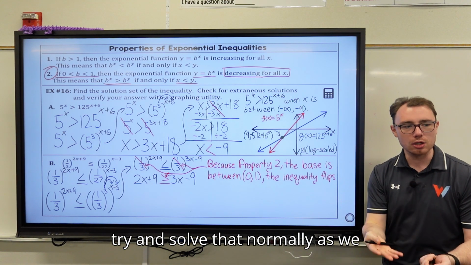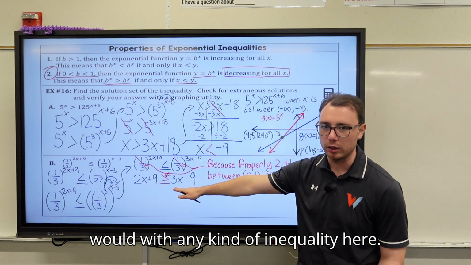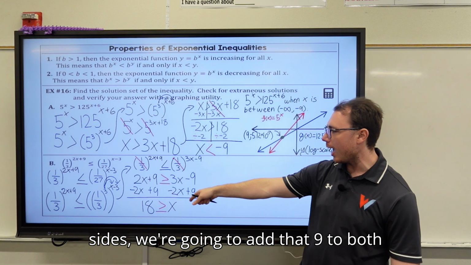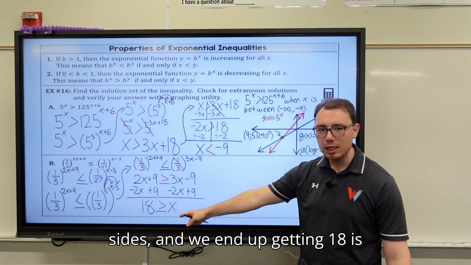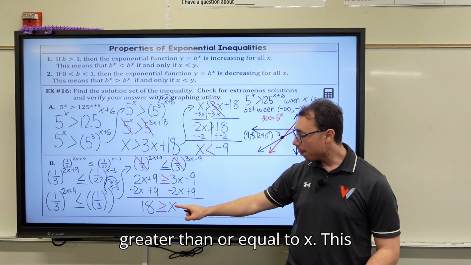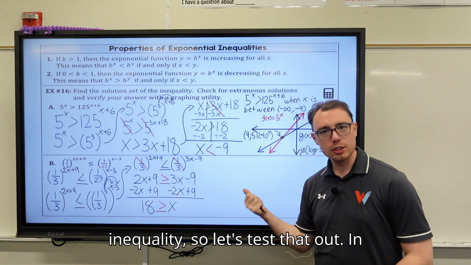Now we want to solve that normally as we would with any kind of inequality, where we're going to subtract 2x from both sides. We're going to add that 9 to both sides. And we end up getting 18 is greater than or equal to x. This here is our solution for this inequality. So let's test that out.